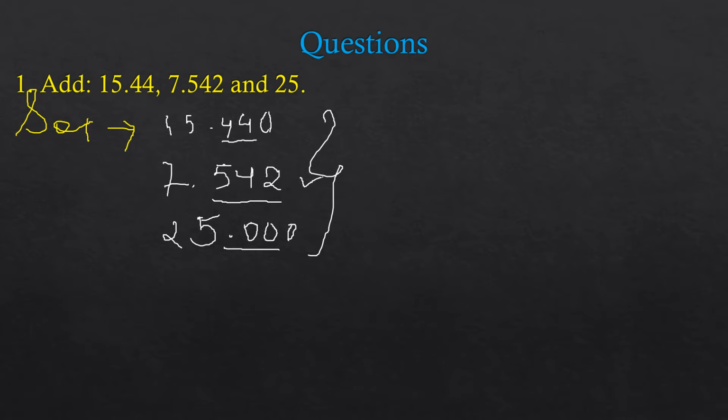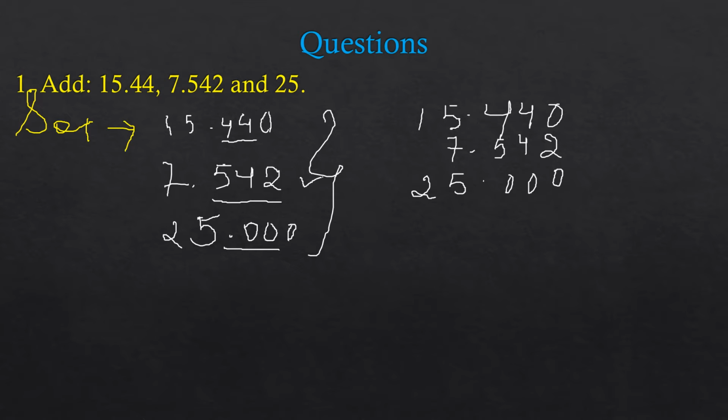Now we can add them easily. The first is 15.440, the second is 7.542, the third one is 25.000. Numbers should be below numbers and the decimal point should be below the decimal point above.